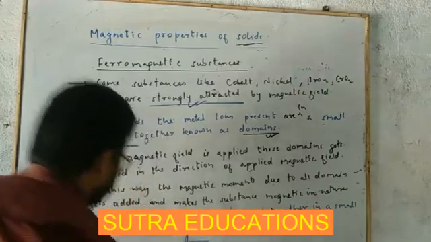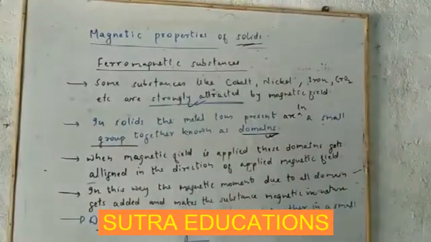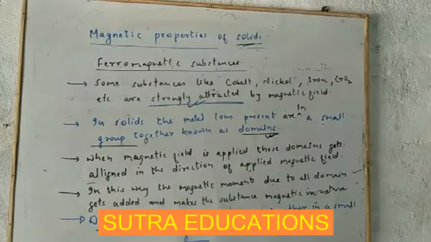Getting this? This is the definition of domain. What is domain? Domain is the metal ions grouped together in a small region, okay.